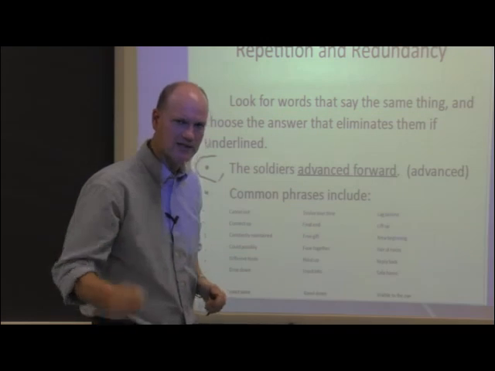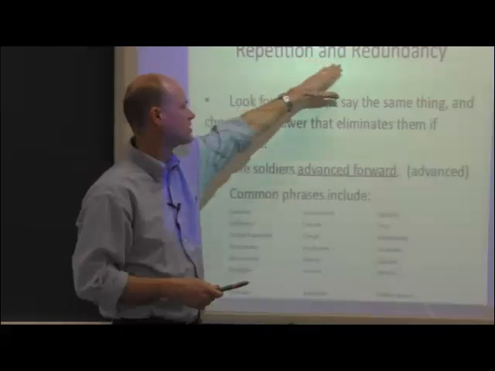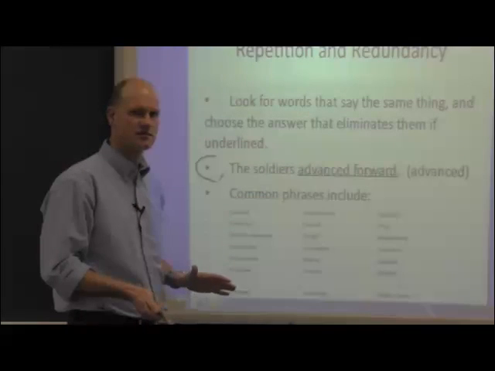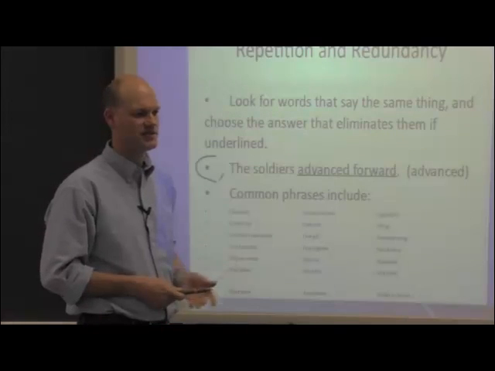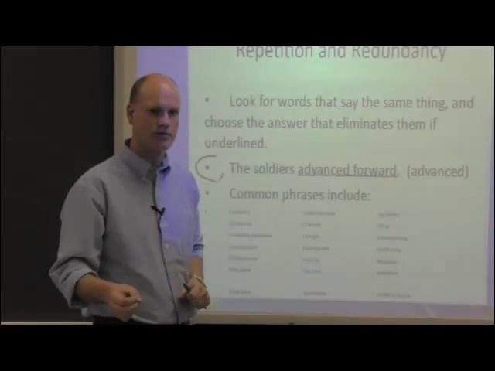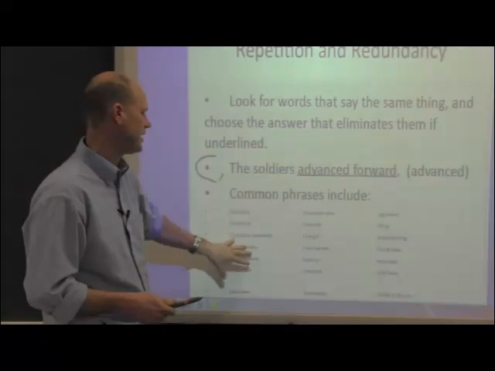When you advance, it's understood that you are moving forward. So there's a situation where it's redundant. There are a lot of common phrases that we use that are redundant. The ACT is going to check that you are taking the time to put in the correct word choice and you avoid them. So here's a little bit of a list.